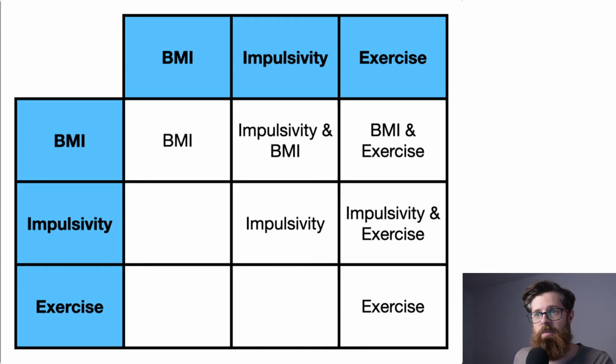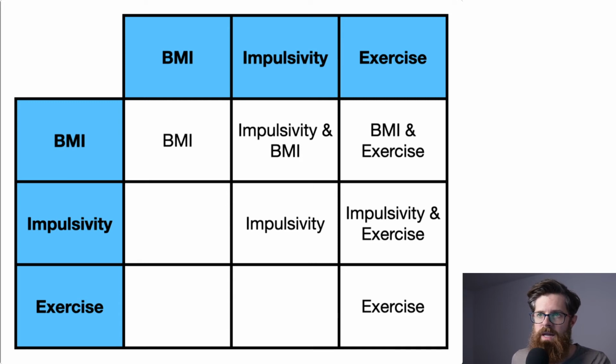There's probably a whole bunch of stuff there which isn't included in any of the other three boxes that we've talked about. Similarly, what do we know about the link between body mass index and exercise? Again, a whole other topic. Also, what do we know about impulsivity and exercise?